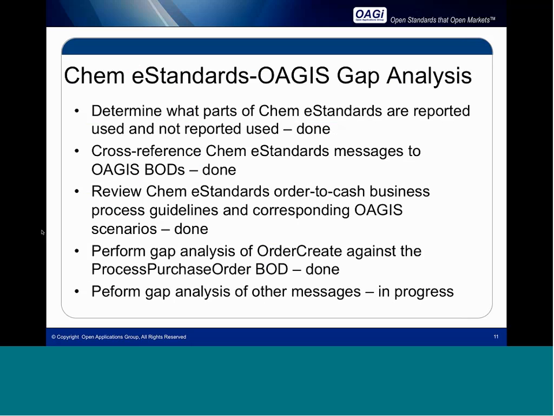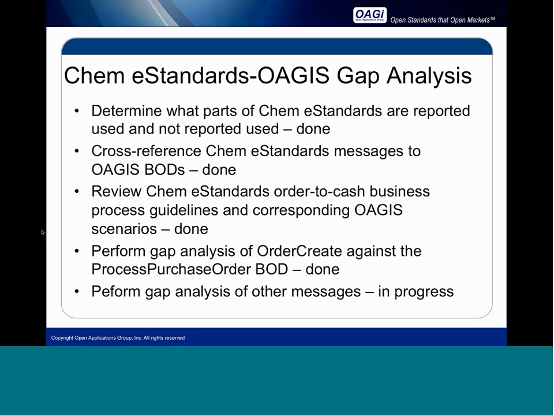A major project within the OAGi Chemical Industry Council is something we call the CHEMI Standards OAGis Gap Analysis. So again, as I indicated, CHEMI Standards has a chemical industry focus and actually agriculture industry focus as well, but it's intra-industry.